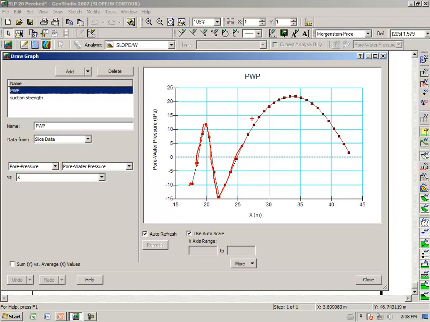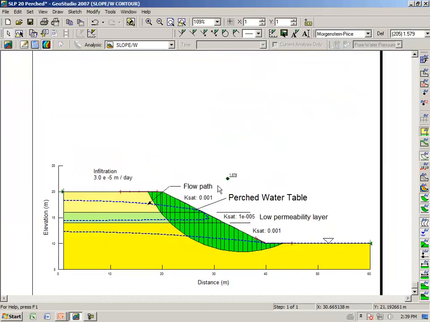As I have already said, a pore pressure distribution like this is not possible to describe with a piezometric line, and something like a SEEP/W analysis is required for this case.